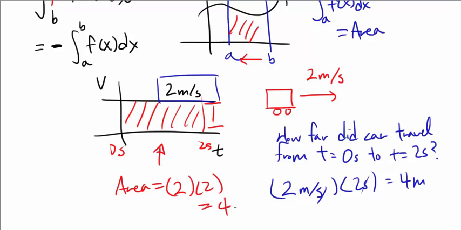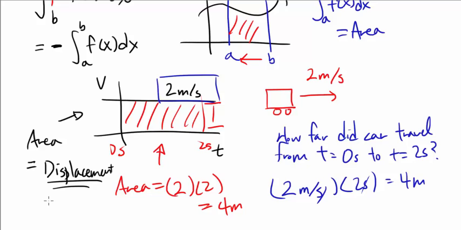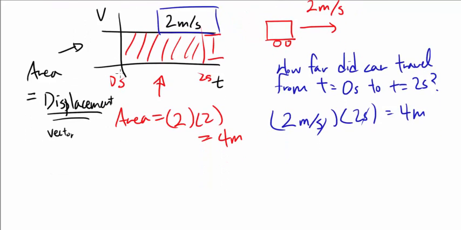So the area also gets you 4 meters. So you can say the area under the velocity curve is equal to displacement, or how far the object traveled. Actually, displacement is a vector, so we have to also care about the direction too. But for our purpose, the area under the velocity curve is how far you went.